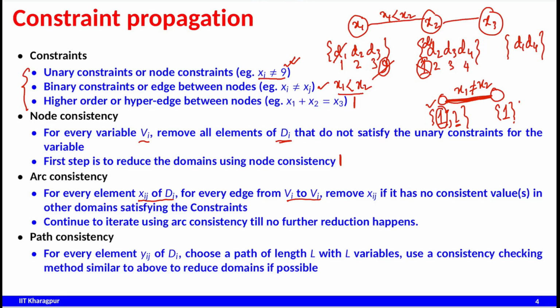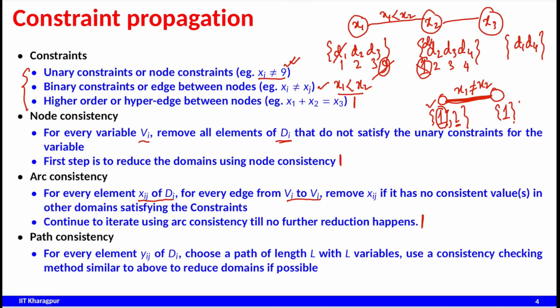So I remove this 1 from this domain, and I can continue until no further reduction happens. This is arc consistency. We try to reduce the domain values by looking at the edges individually.